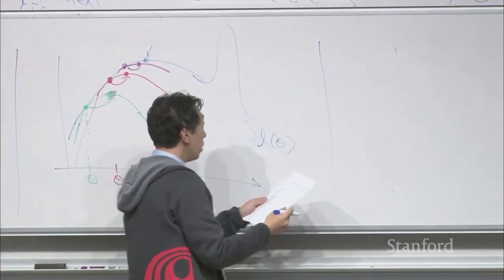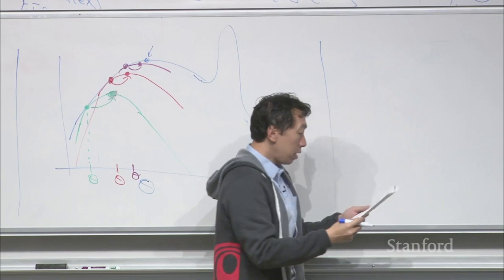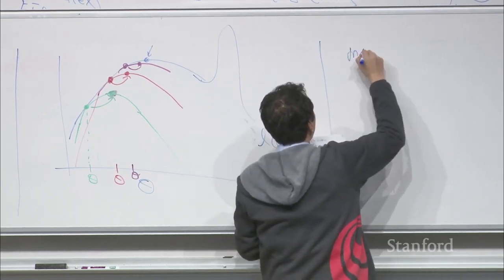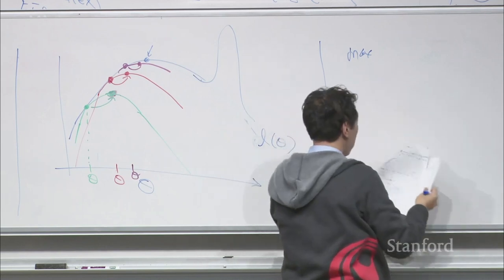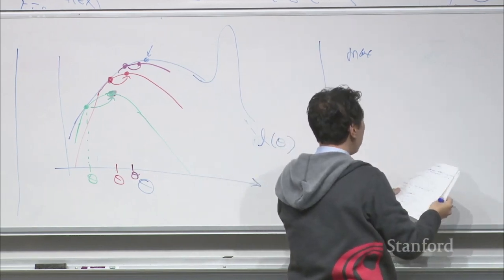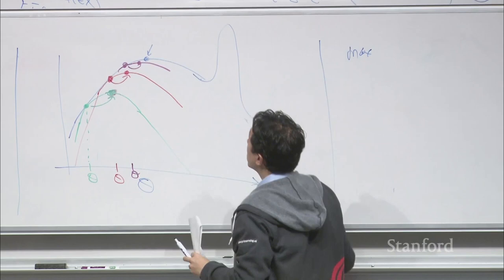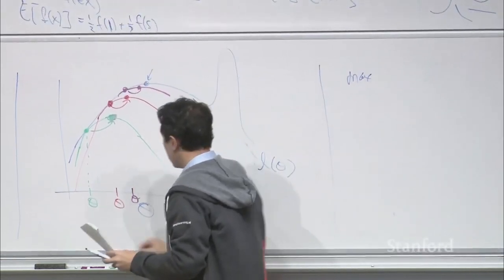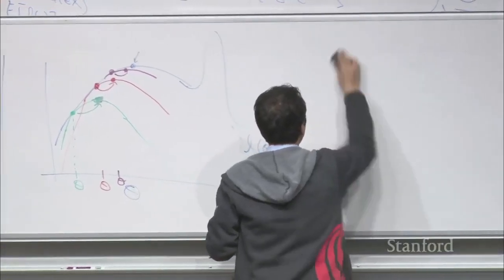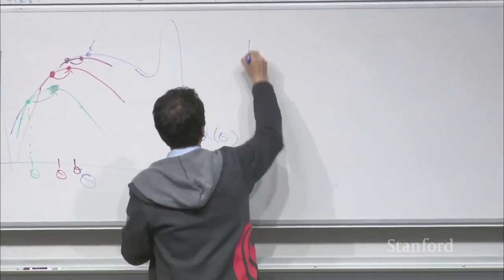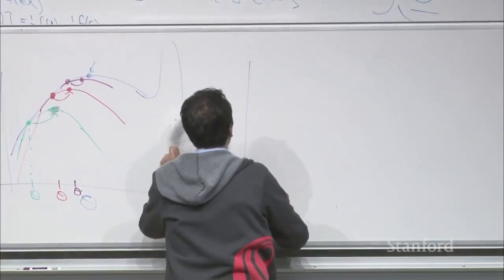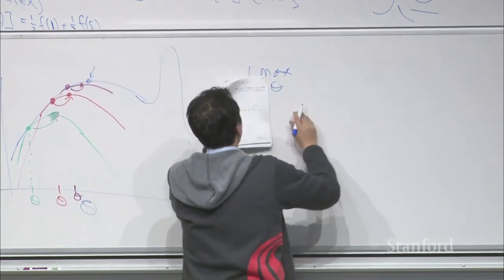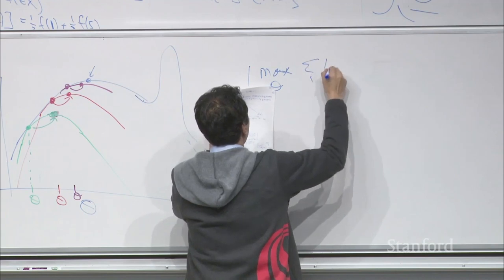So let's write out how we do that. All right, so I've already said that our goal is to find the parameters theta that maximize this.